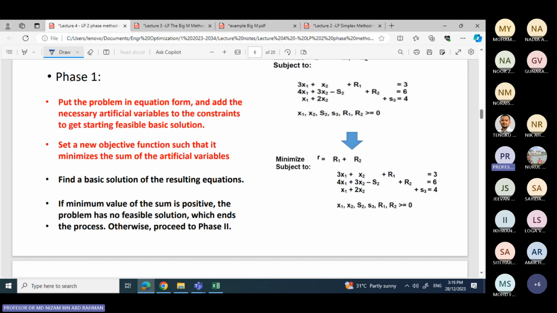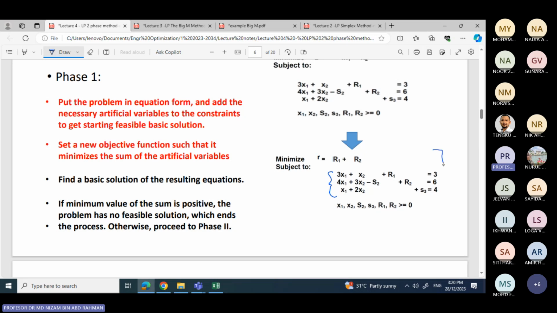New objective function: minimize R equals the sum of the artificial variables, which is R1 plus R2, right? The constraints remain the same as before, no change. The only thing that you change is the objective function.